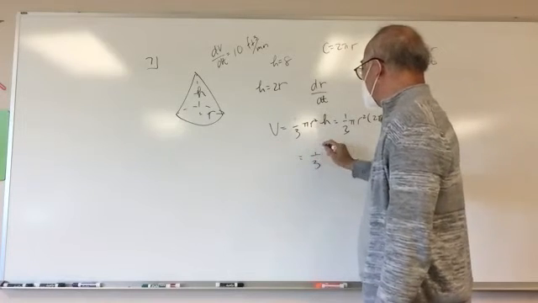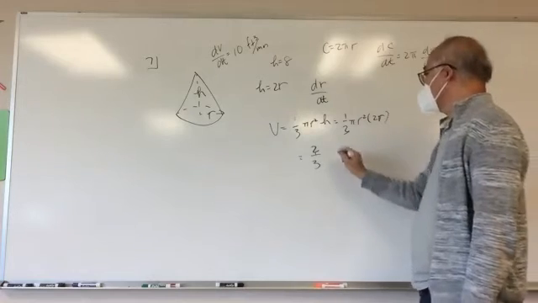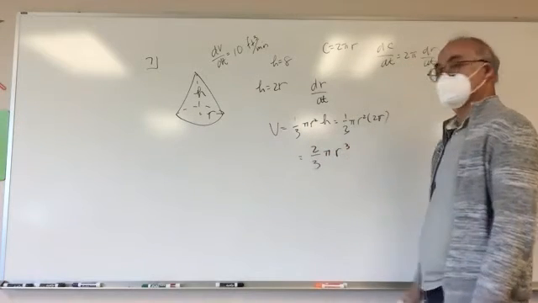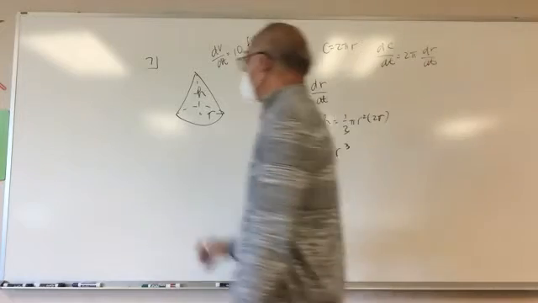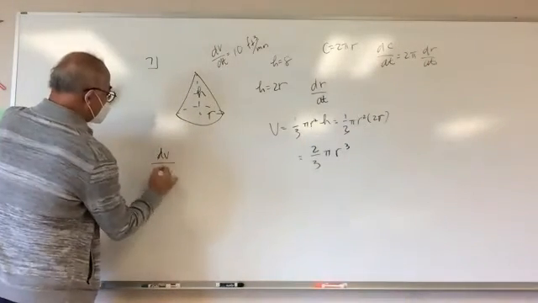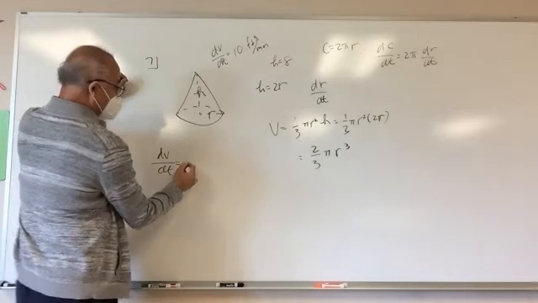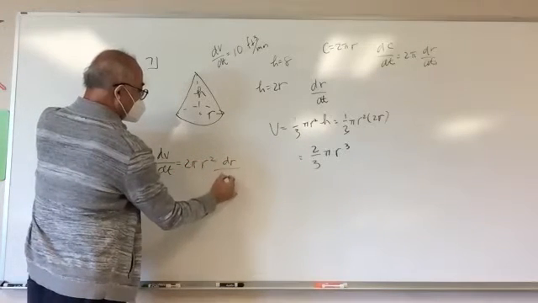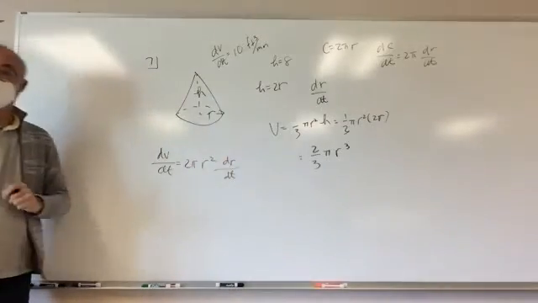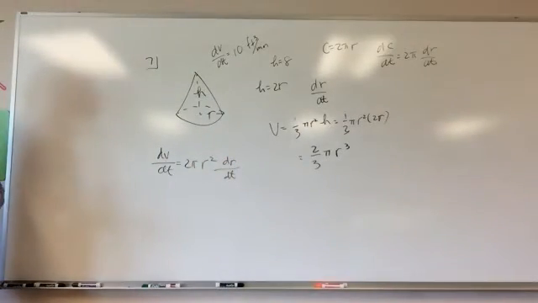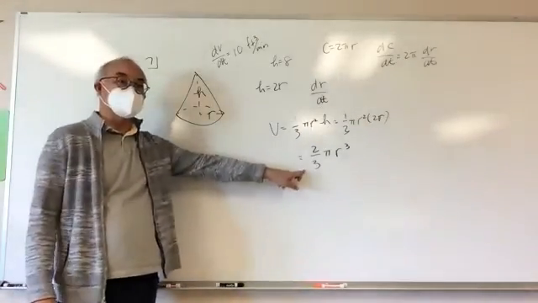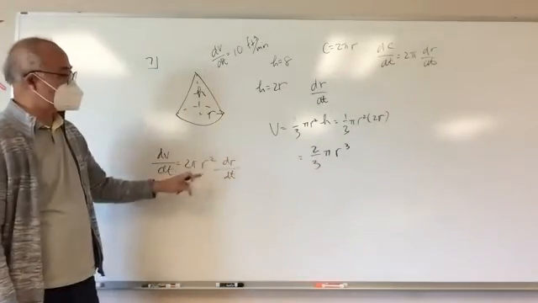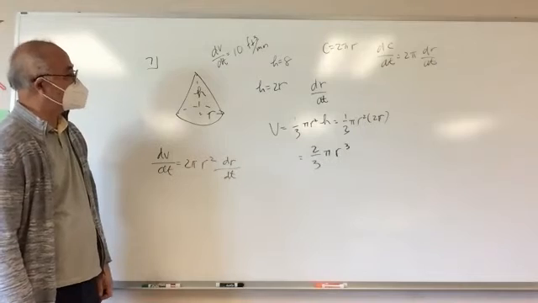Let's take the 2 over here: 2/3 pi r cubed. So take the derivative, what do I get? dV/dt is equal to 2 pi r squared dr/dt, because the 3 came down and canceled with the 3 underneath. The 2 is still there.